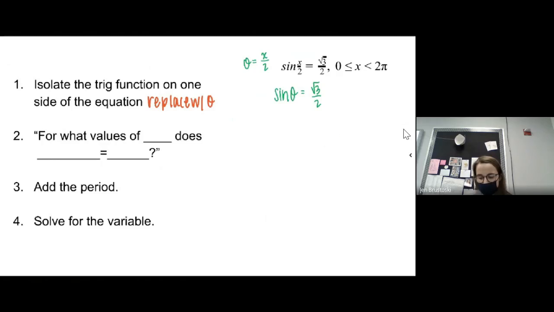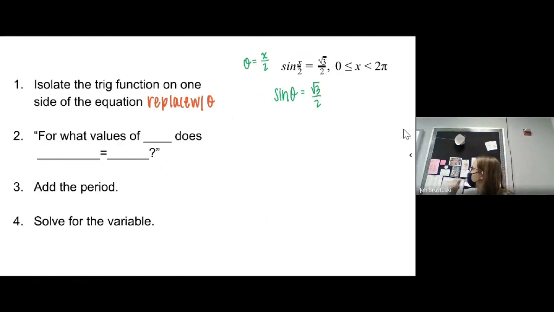If you remember from our double angle formula, sine of 2 theta isn't equal to 2 sine of theta. It's equal to 2 sine of theta cosine of theta from that double angle formula. All right, so that was a good question.